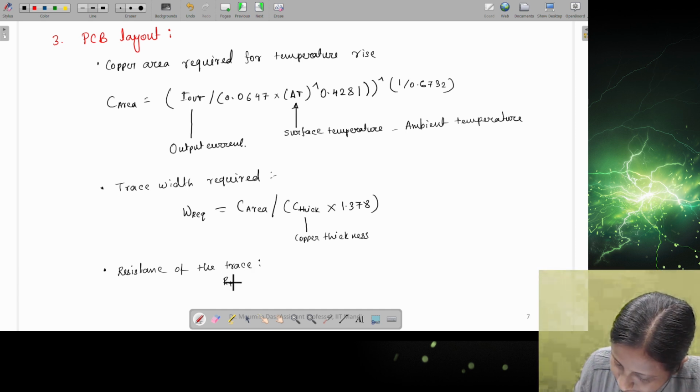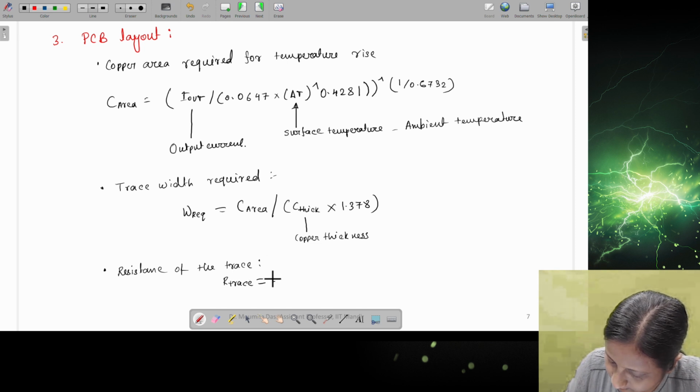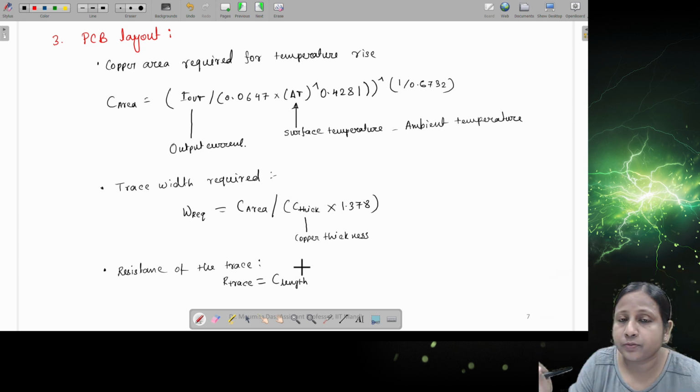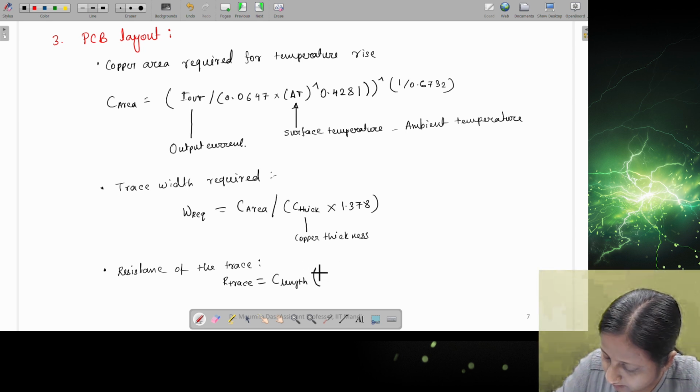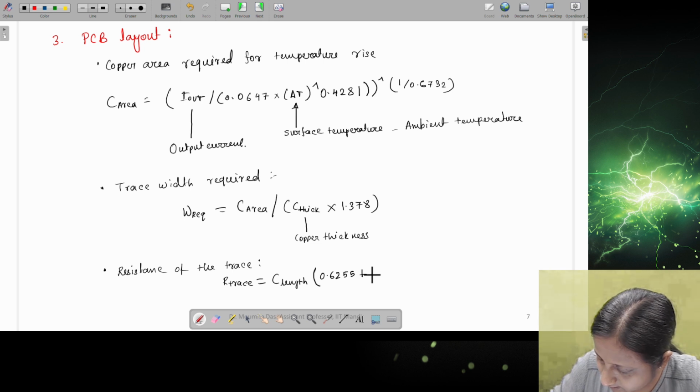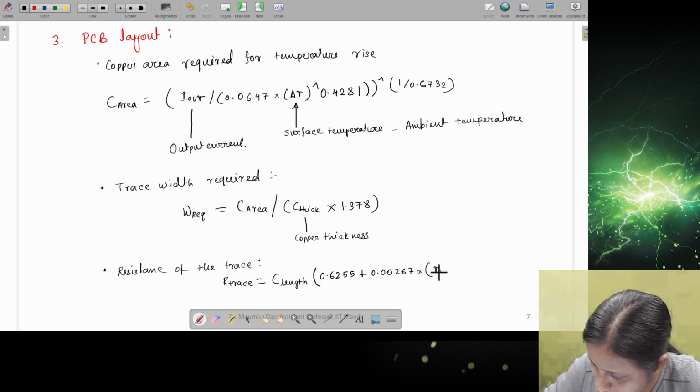So the trace length, or I can just write C length, the copper length of that particular line in the PCB, like any connection we are considering, multiplied by 0.6255 plus 0.00267 multiplied by T ambient plus delta T, divided by C area.